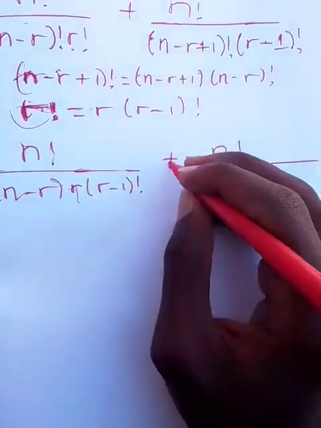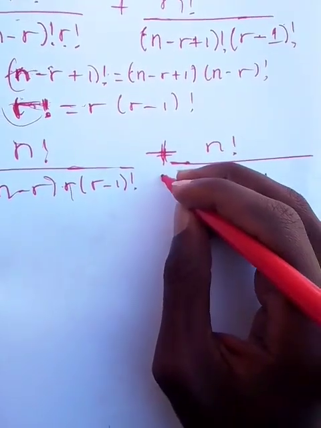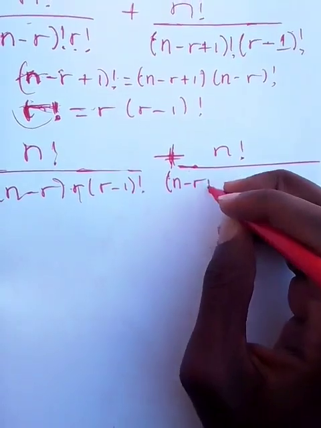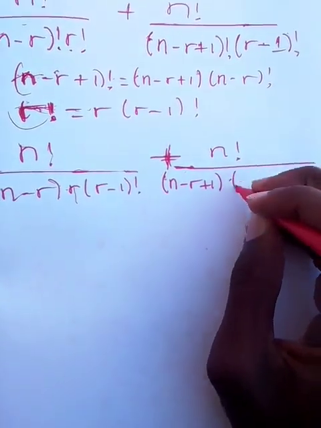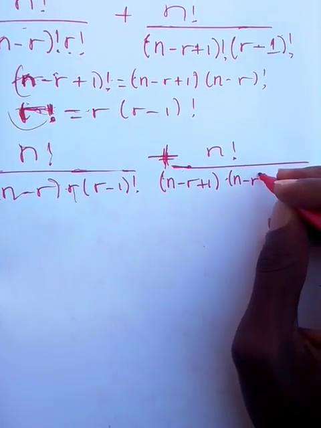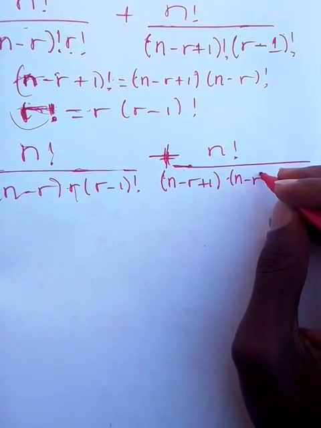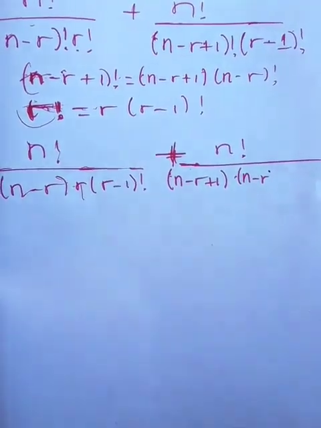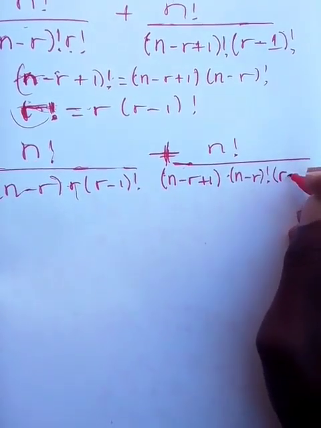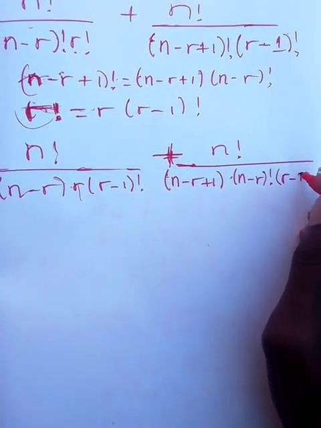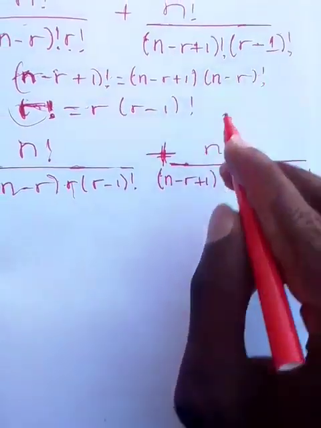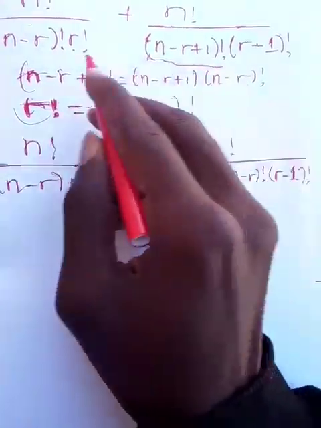So I'm going to have n minus r plus 1 factorial, n minus r factorial, and then finally r minus 1 factorial. I've only substituted this part and this part.